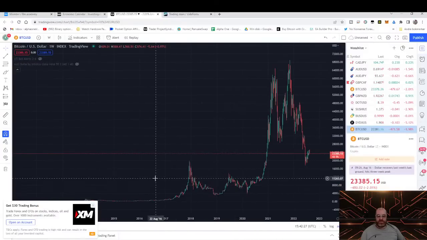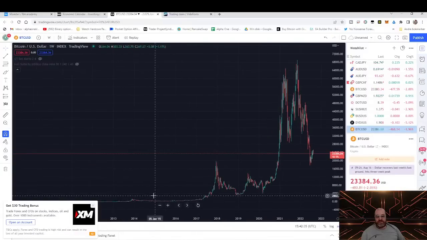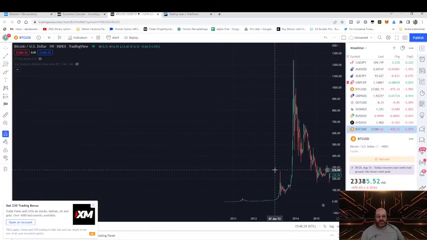What do you see? Bitcoin is trending only upwards. And here you can easily see every past bull market. Here you have the bull market.